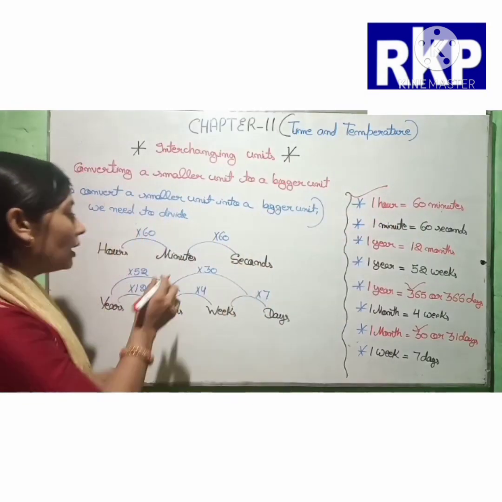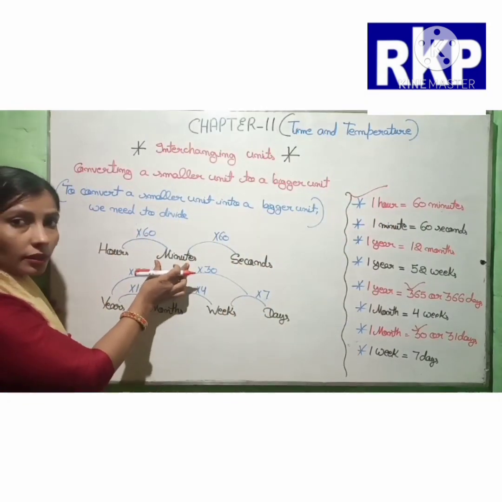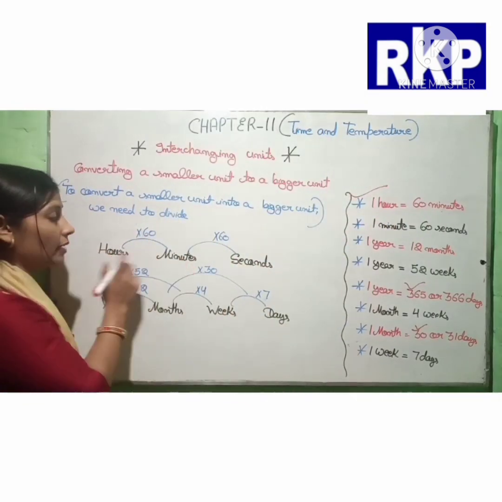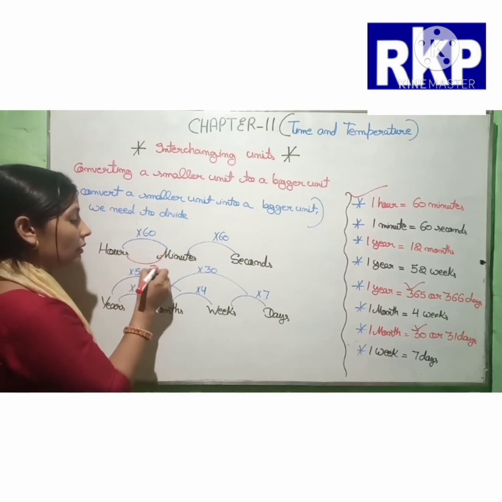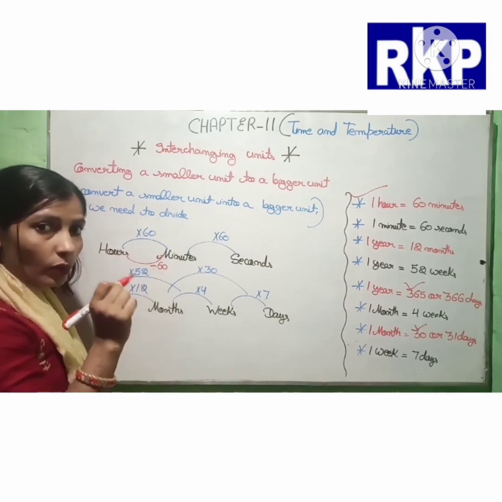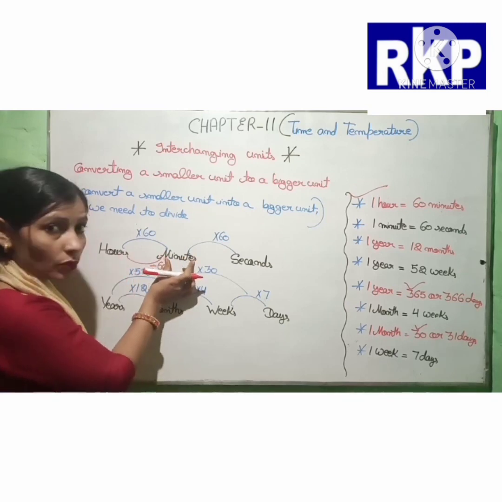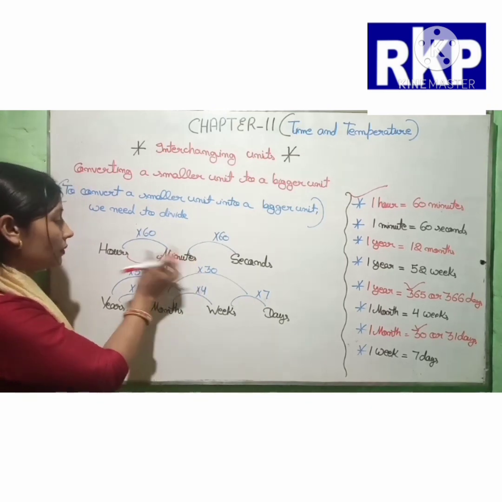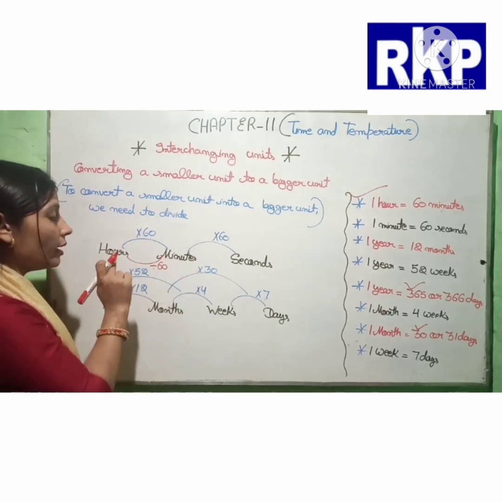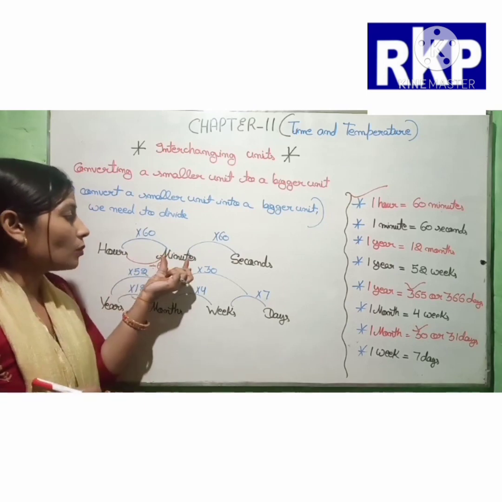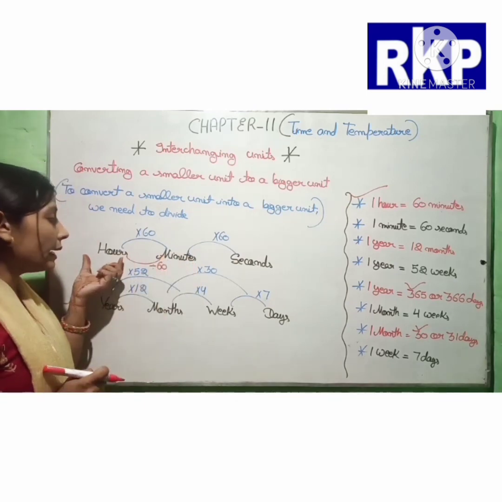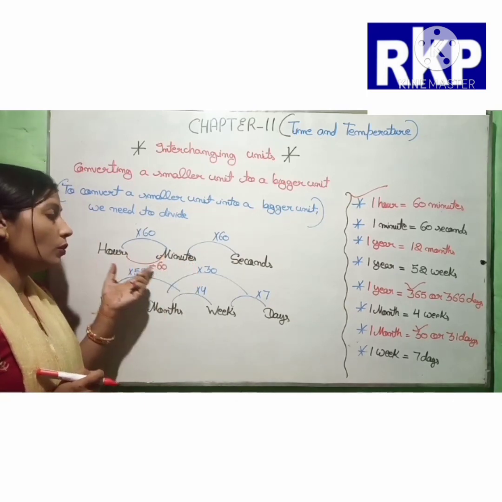But when we convert minutes into hours, then we need to divide with 60, because this unit is smaller than this. And when we convert smaller unit into greater, then we need to divide.